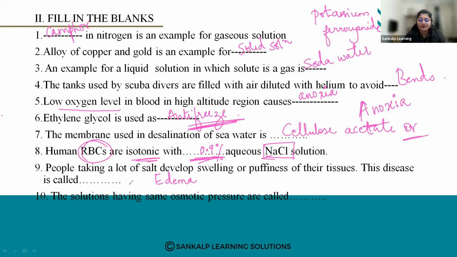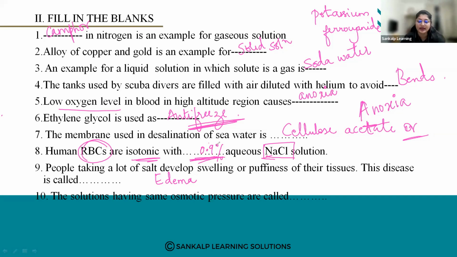Fine. So edema: people who take more salt develop swelling. It is caused because of too much fluid trapped in the body's tissue. Some people have more swelling in their legs because more water is trapped there.